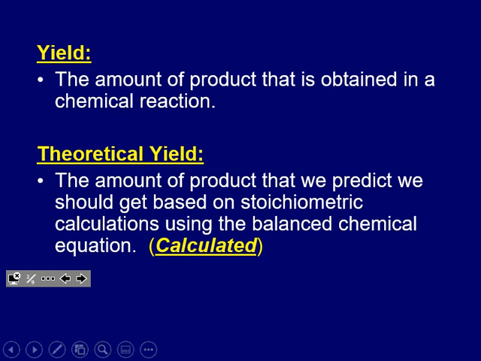My next slide says actual yield, or sometimes called experimental yield. And it's what we would get actually from an experiment. And then our calculation percent yield is as easy as calculating any percentage that you get on a test.